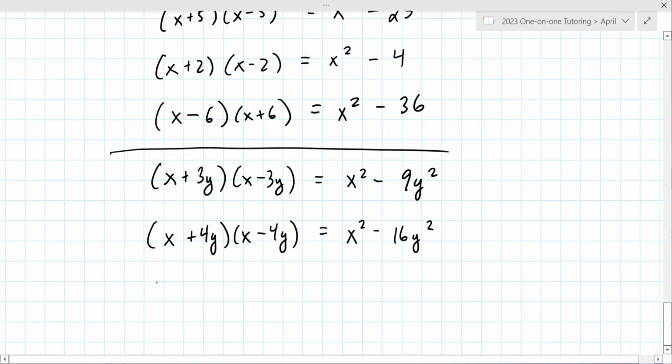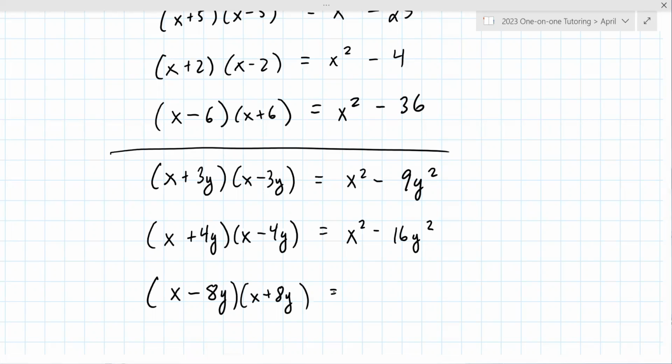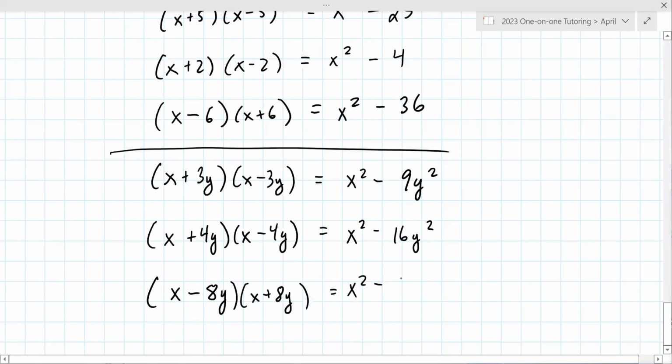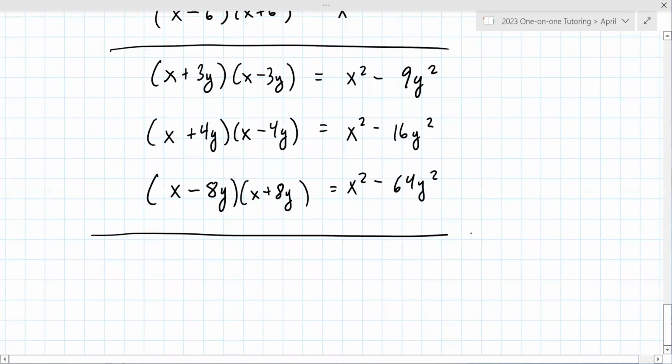Good. Okay. X minus 8Y, X plus 8Y. What would that become? X squared minus 16Y squared. No, wait, minus 64Y squared. Good. Perfect. Okay, now I'm going to switch it up a little bit.